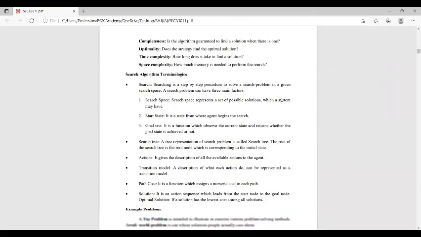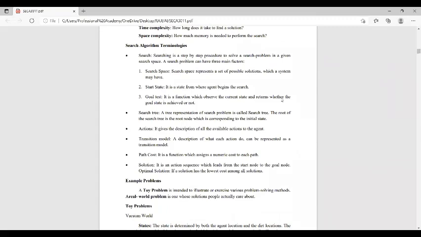Algorithm will be evaluated. So the search algorithm terminologies are: search tree, action, transition model, path cost, solution. Search is nothing but a step-by-step process, a procedure to solve a search problem in a given search space.